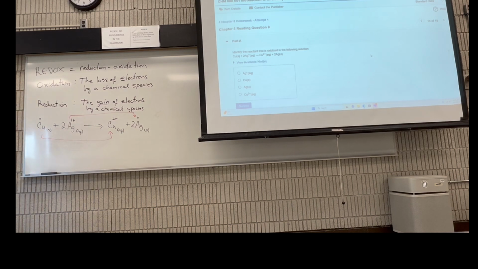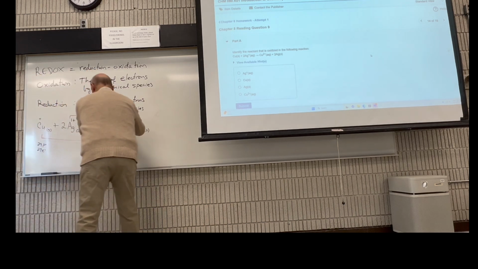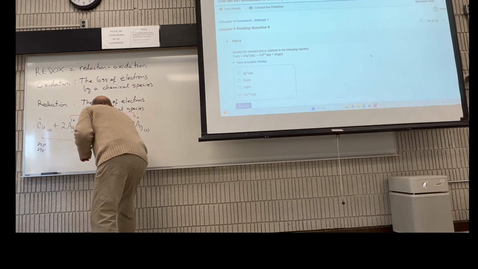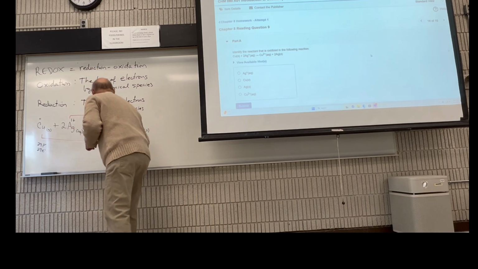Copper, periodic table 29. So copper right here has 29 protons and 29 electrons. Right? That's copper 0. Copper right here, to be 2 plus, the number of protons cannot change. So it still has to be 29 P positives.